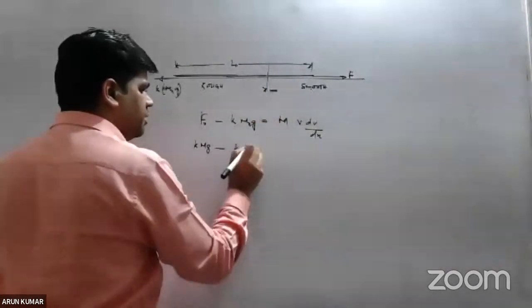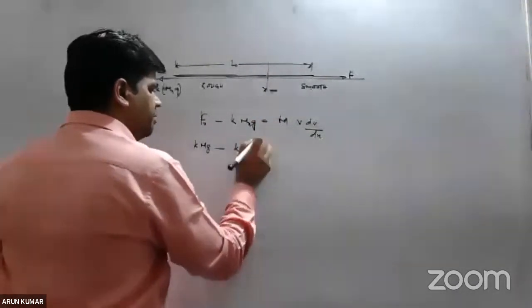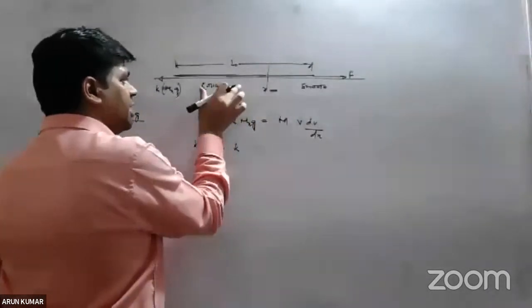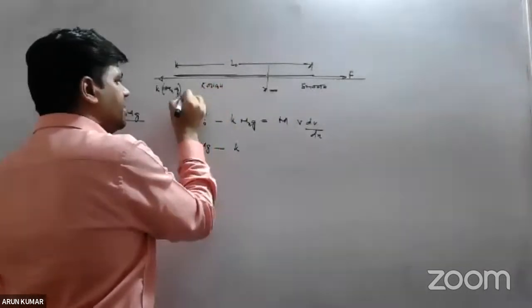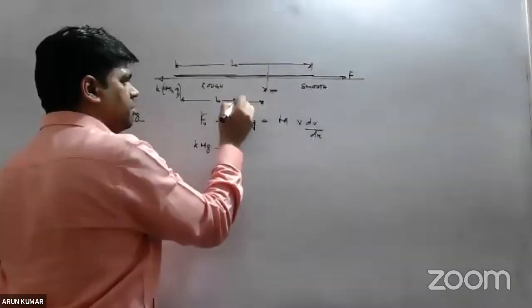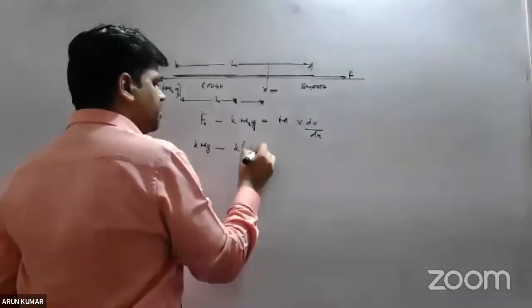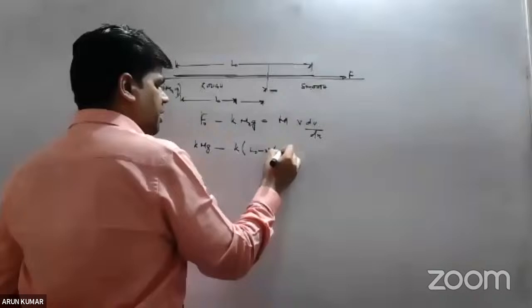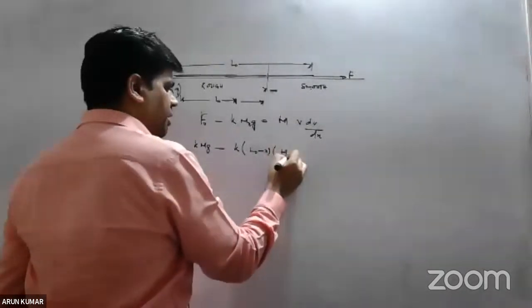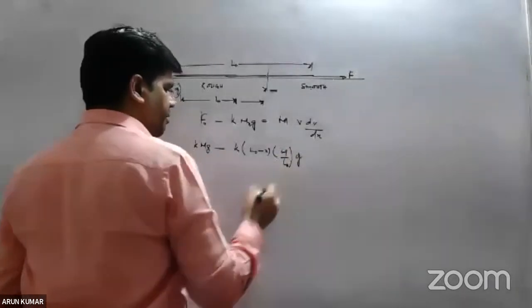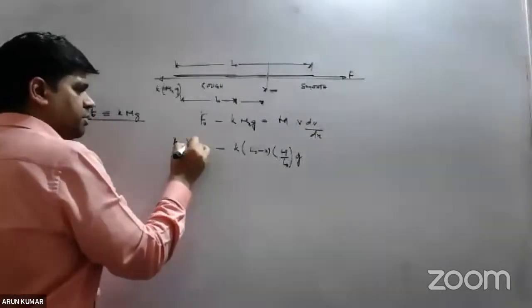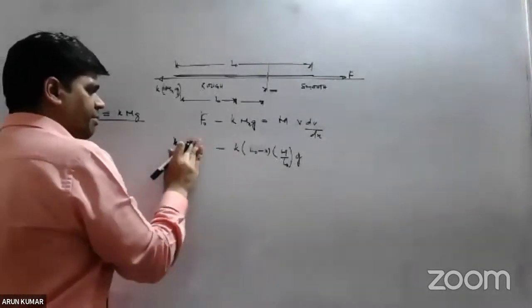But what is mx here? Lambda times the mass of this length. This is L minus x. So mu times L minus x times m by L times g.